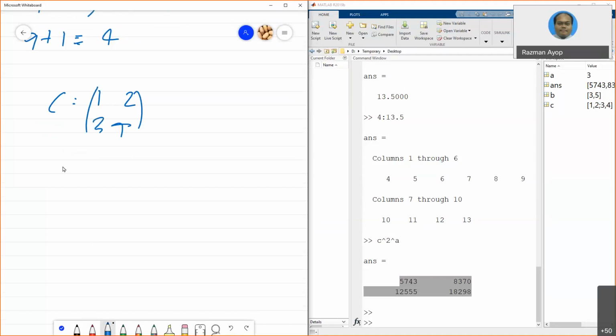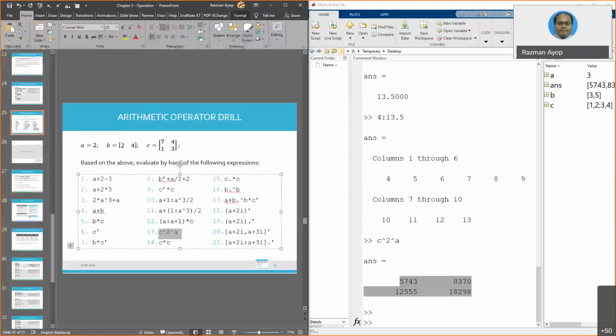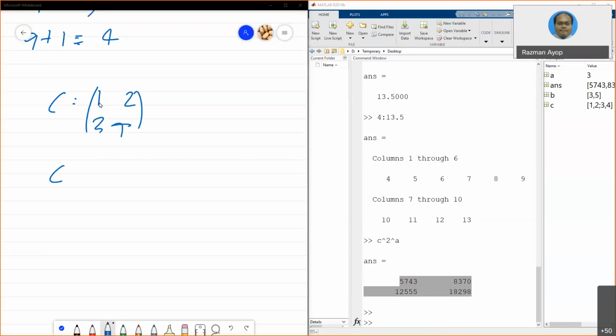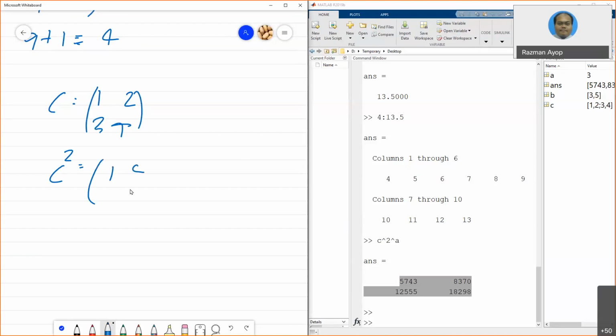And remember, if you have the same level of power, you have to do the left first. So C squared is equal to 1, 4, 9, 16. And then C power of 3.